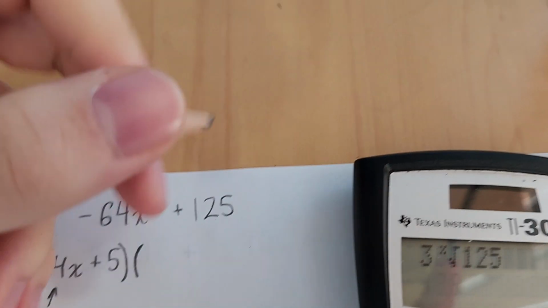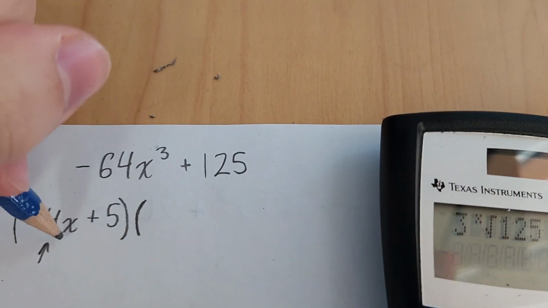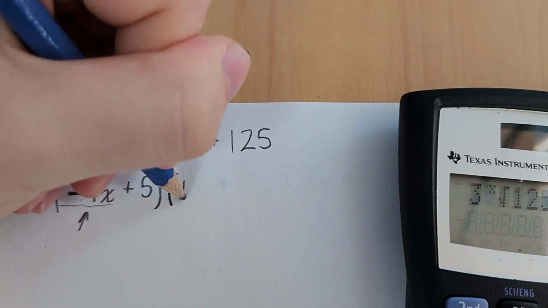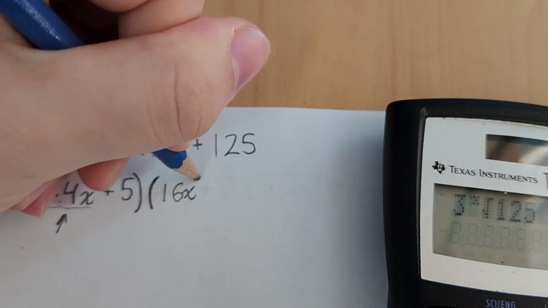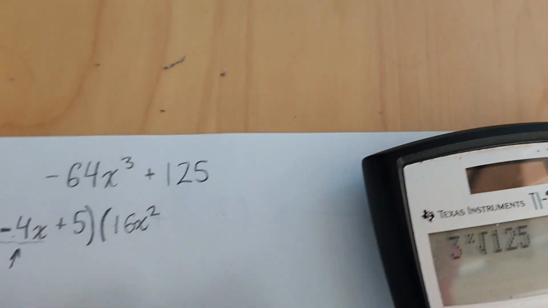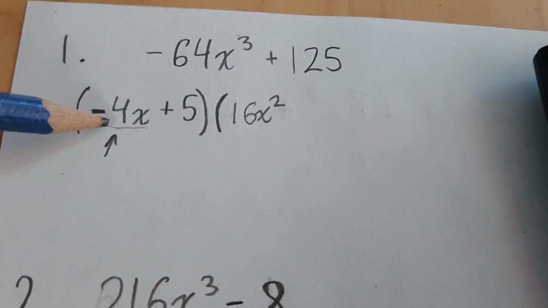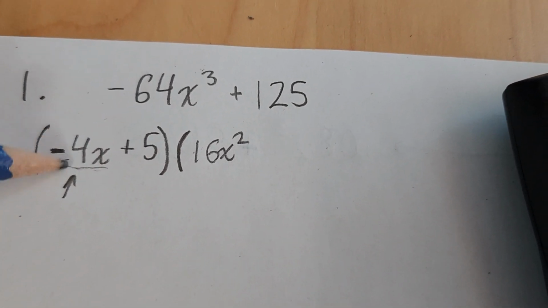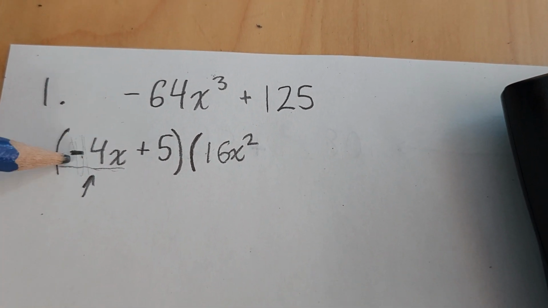And then we go negative 4x squared, which is just 16x squared, right? It's positive. And then negative 4x, actually we disregard the sign in this one.